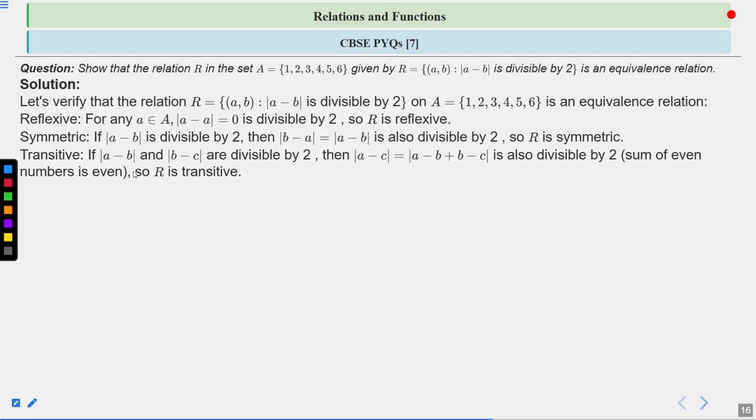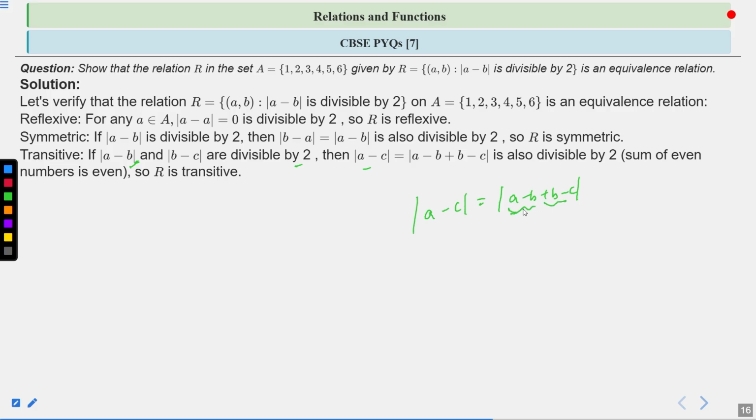So let us talk about transitivity. If |a - b| and |b - c| are divisible by 2, then a - c can be written by subtracting and adding b: (a - b) + (b - c).